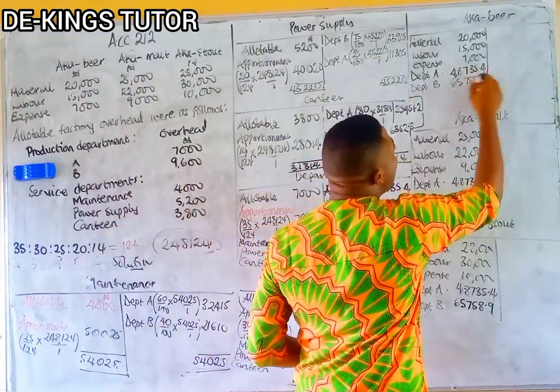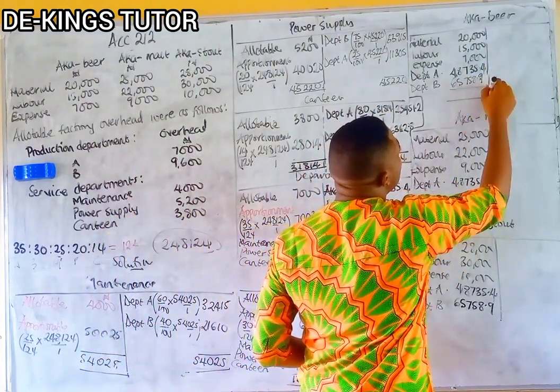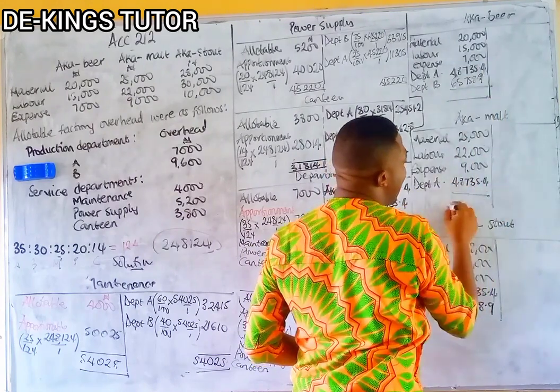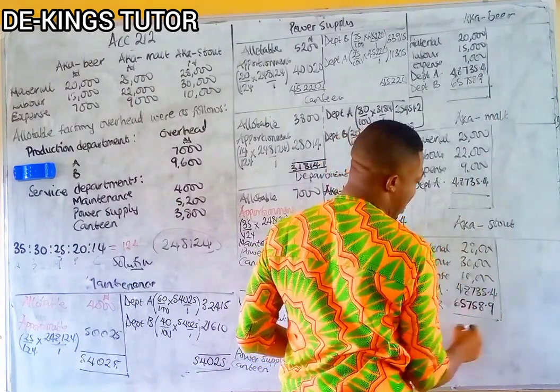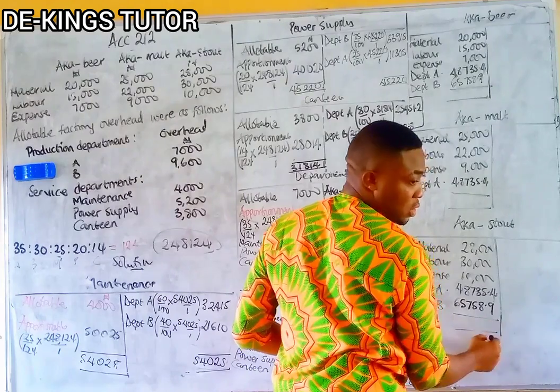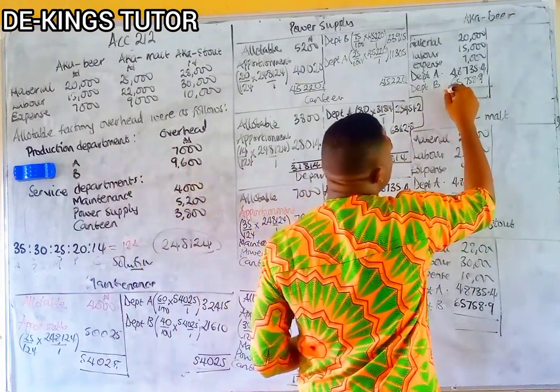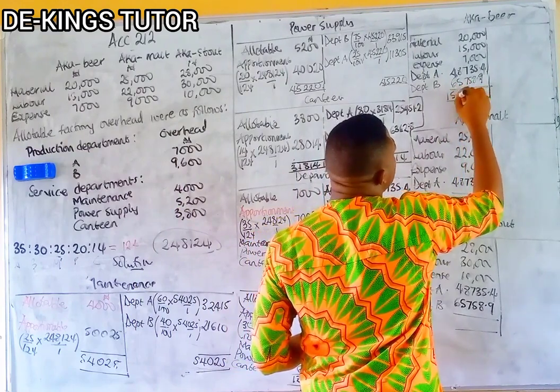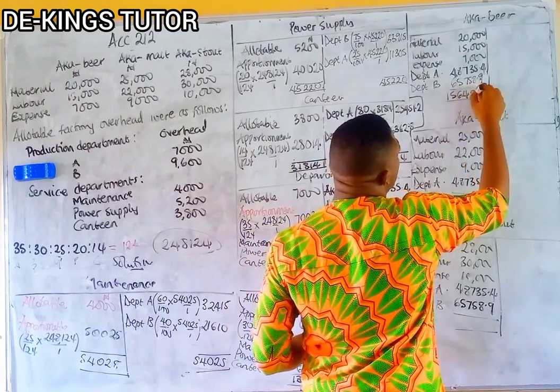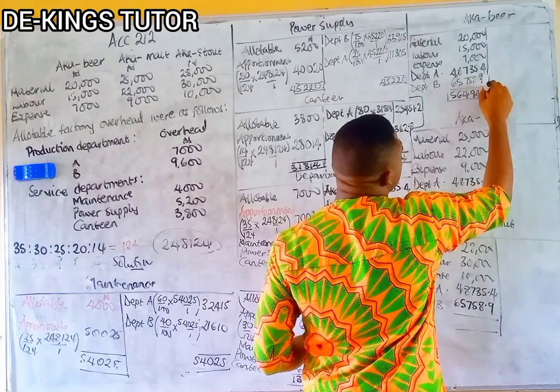So let's now add up all this. Help me, one person add this, another add this, and another person also add. For the first one, 156494.3.